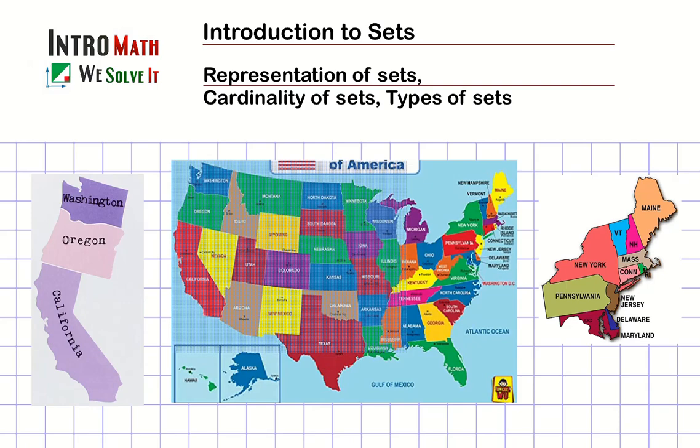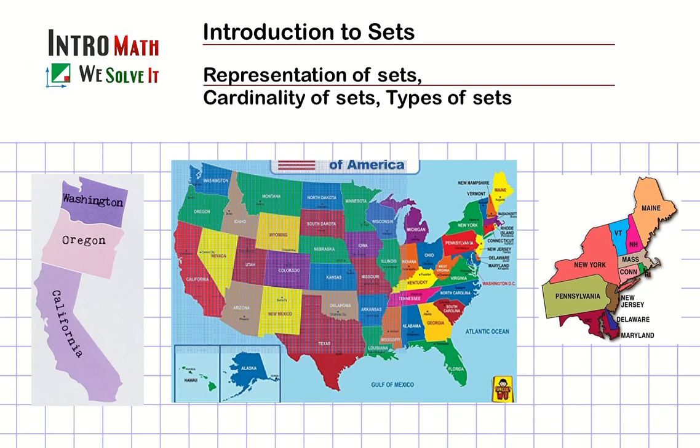Notice that the map on the left consists of 3 states, and it's called the West Coast of the United States, right? And then the map on the right hand side consists of, I think, about 11 states, and it's called the Northeast of the United States.